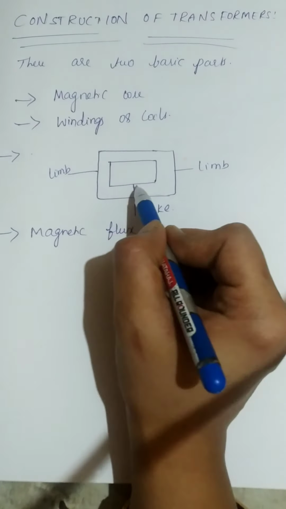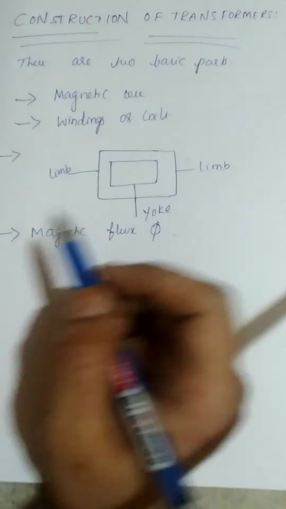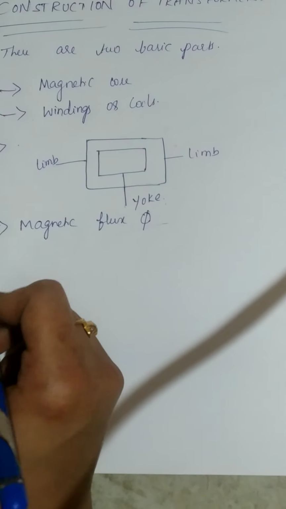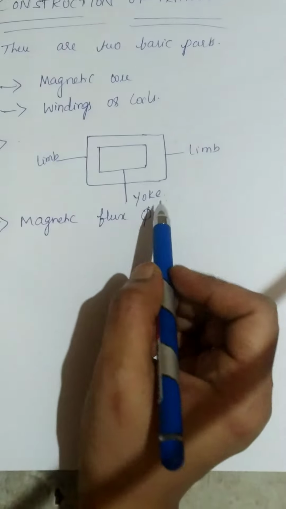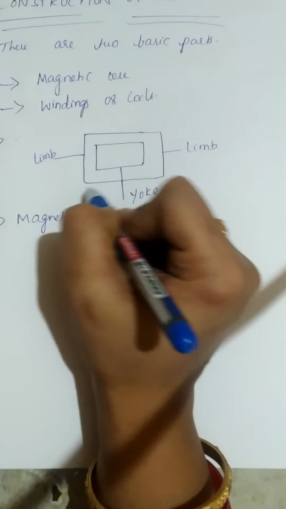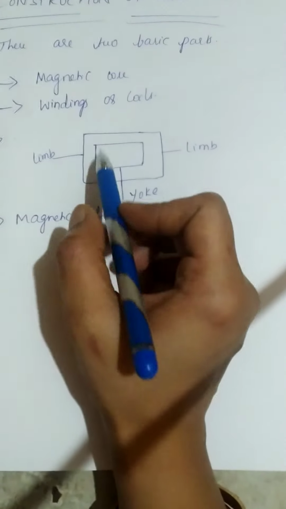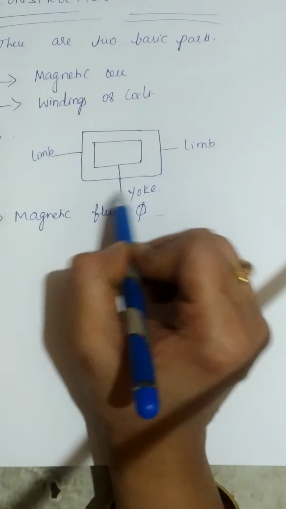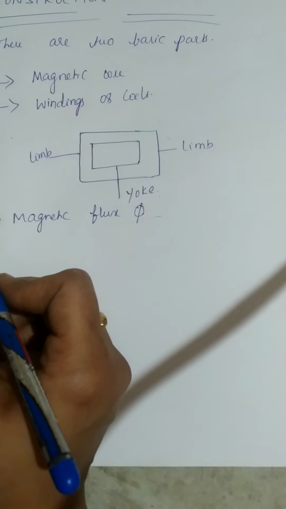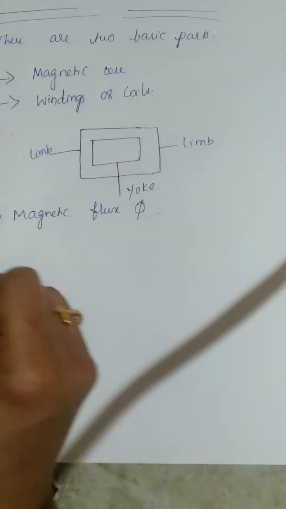Here this is a limb and the inner part is the yoke. The maximum flux which is passing through this core, two losses occur in this core.